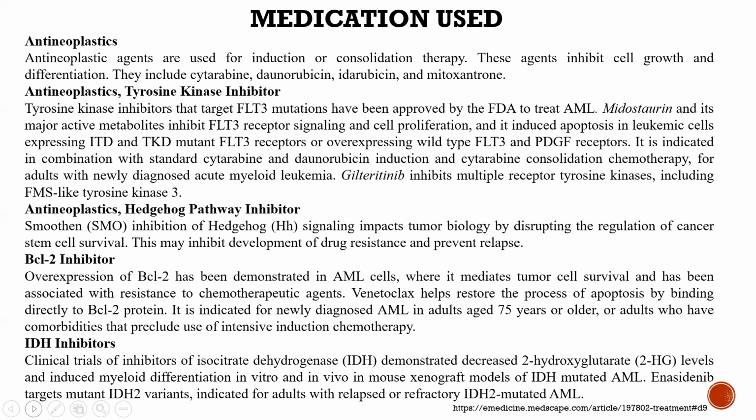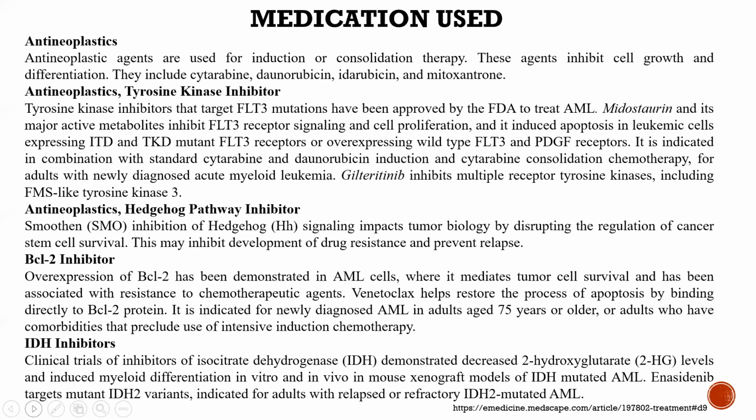A representative of this drug class, named venetoclax, helps restore the process of apoptosis by binding directly to this protein. It is indicated for newly diagnosed acute myeloid leukemia in adults aged 75 years and older, or adults who have comorbidities that preclude use of intense induction chemotherapy.